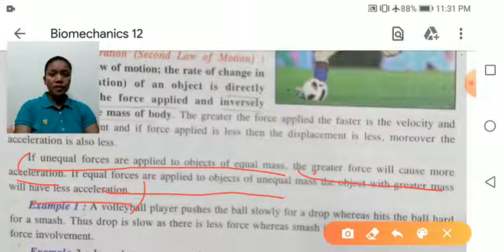For example, equal force on 10 kg and 20 kg, then the 20 kg object needs more force for greater acceleration.